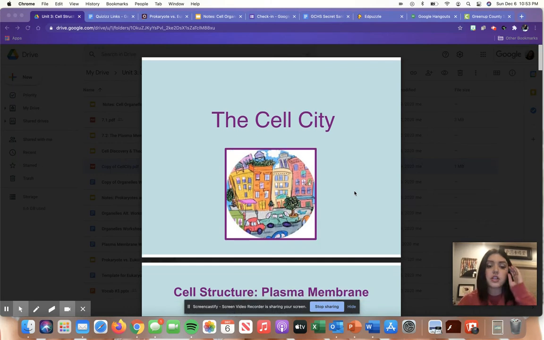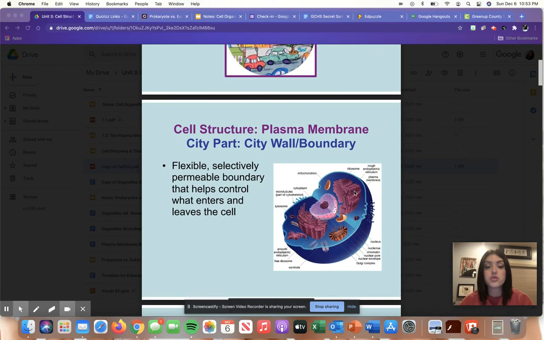Okay, so starting with the cell structure, the plasma membrane. In relation to a city, this would be the city wall or the boundary. To review what the plasma membrane is, it's a flexible, selectively permeable boundary that helps control what enters and leaves the cell. So there's that term, selectively permeable.